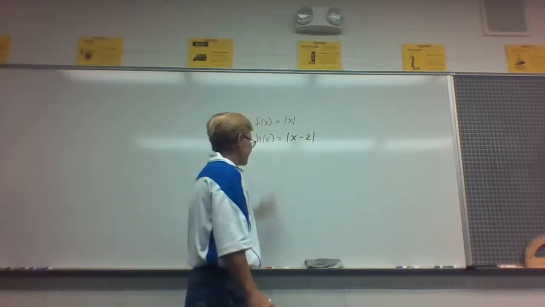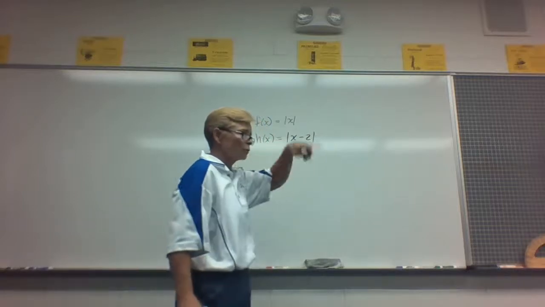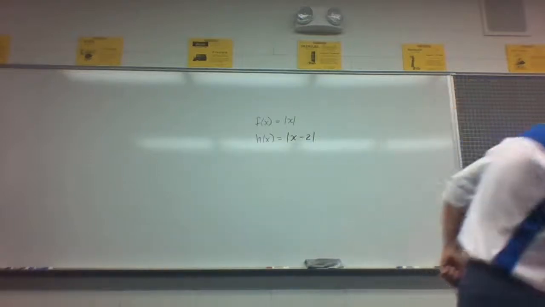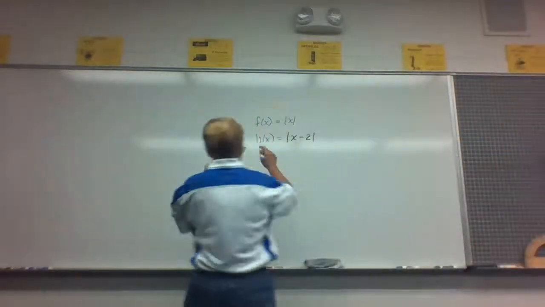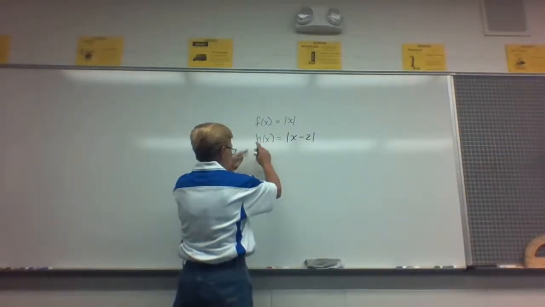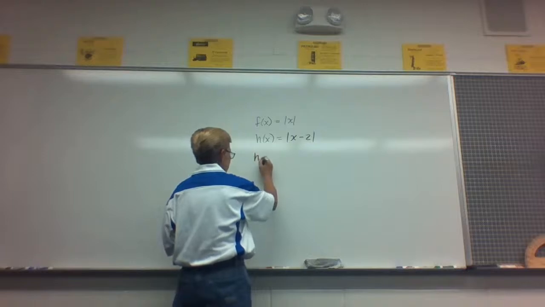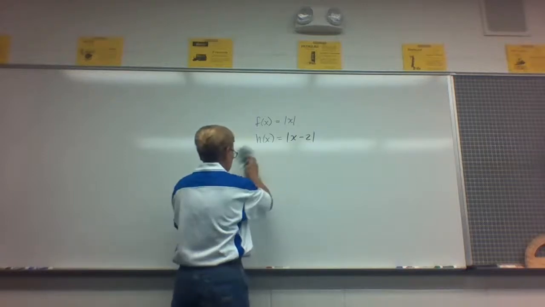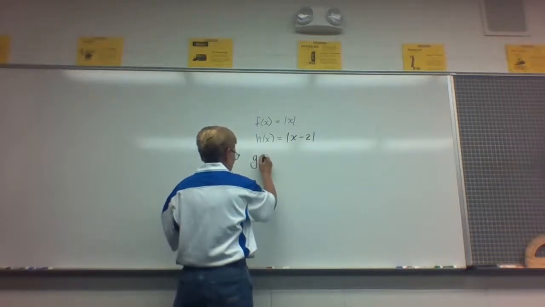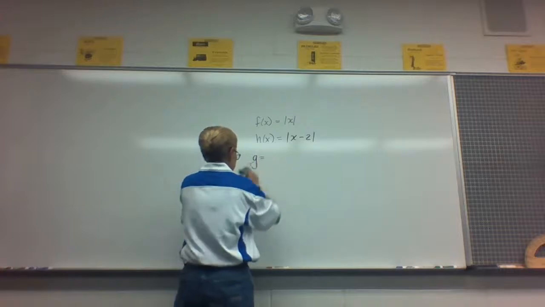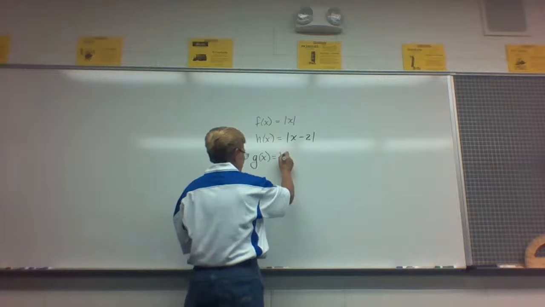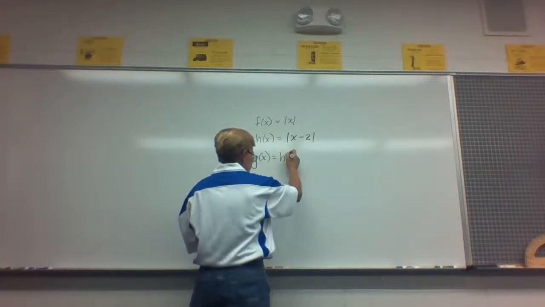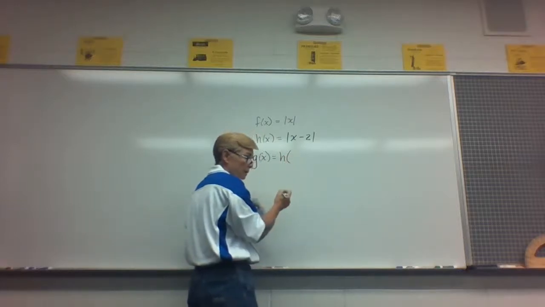Okay, that's h. Now to h, I will apply the next one, which is a horizontal stretch by a factor of 2. A horizontal stretch by a factor of 2 on h is going to be g. g of x will equal h of, it's horizontal, which takes place inside.